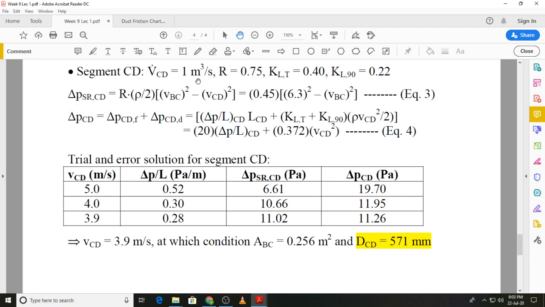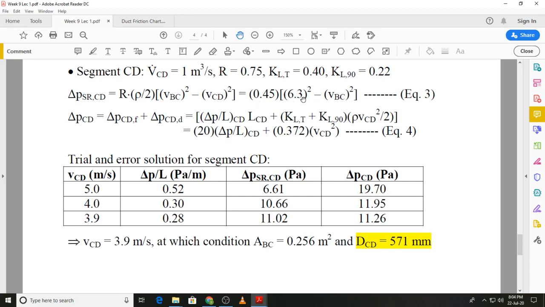Then we had two sources of minor losses, that is again T through, and then a 90-degree bend also. The static regain factor remains unchanged, it is 0.75. We again write the equations for the static regain and the pressure drop, and this time the initial velocity was VBC, and the guess velocity will be VCD.